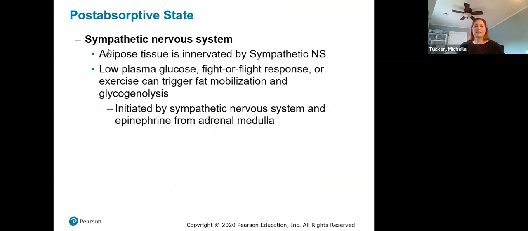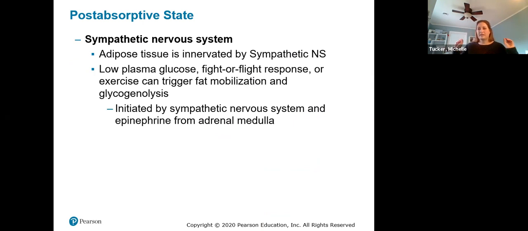The sympathetic nervous system: adipose tissue is highly innervated by the sympathetic nervous system. It also will activate the release of epinephrine from the adrenal medulla, which will then have additional metabolic effects. And this initiates the fight or flight response to trigger fat mobilization, so an increase in lipolysis at adipose tissue and an increase in glycogenolysis.